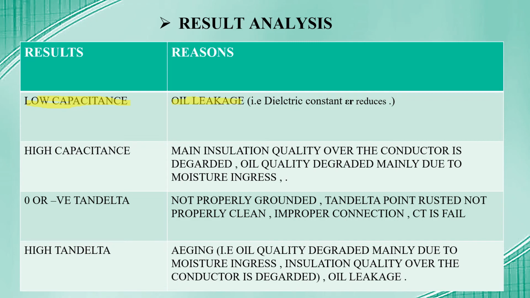In the upper portion of the oil filled CT, the oil gets reduced, and that place is replaced by air. Hence, the dielectric constant of air is less than the dielectric constant of oil, and so the dielectric constant reduces. As we all know, capacitance is expressed as C equals epsilon A by d. Hence, if the dielectric constant reduces, it will result in a low value of capacitance.